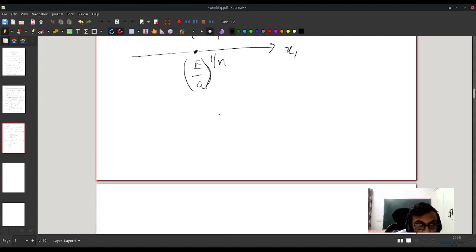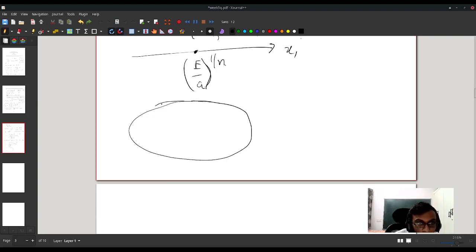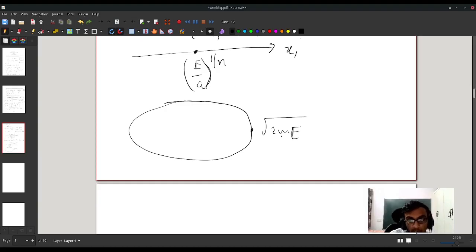So if we just try to imagine this volume, which is given by the region in which the energy function is less than E, that would have, so to speak, dimensions in various directions like this.